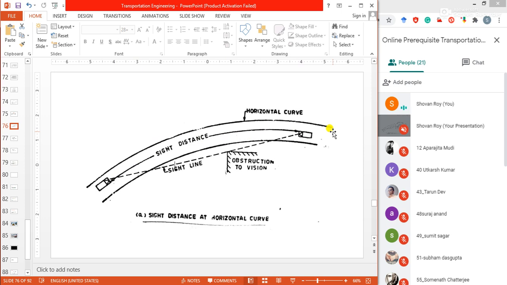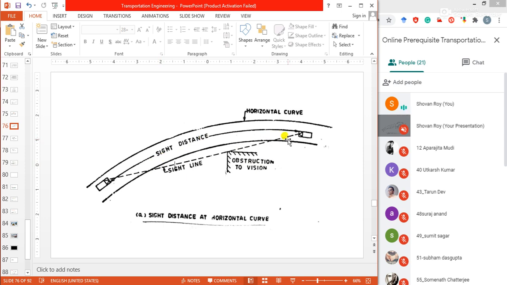Both drivers can see each other through this sight line. However, there is an obstruction, but somehow they can see each other.